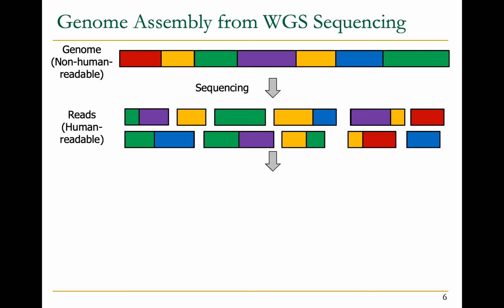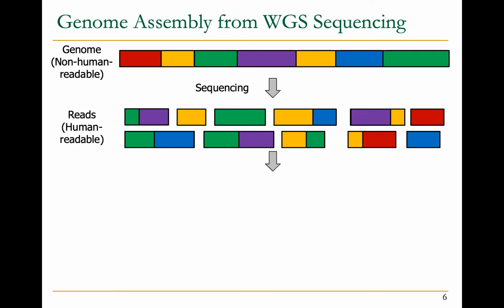Our goal is to follow certain steps on the DNA such that we can convert it into a human readable form, such that we construct the entire genome again, hopefully in one piece, completely accurate, fully representing your own genome, so that we can do some analysis on it. And there are several steps to achieve that.